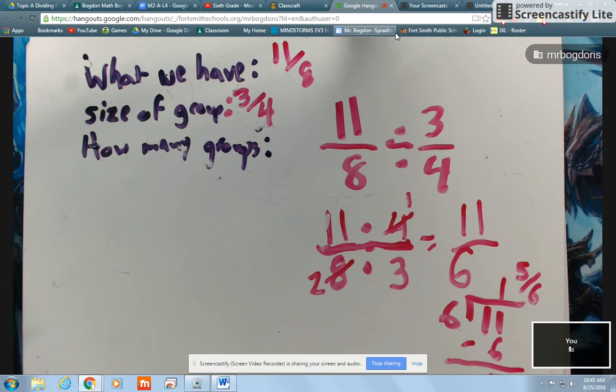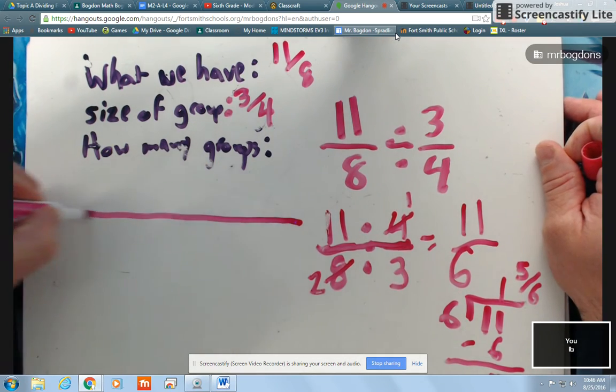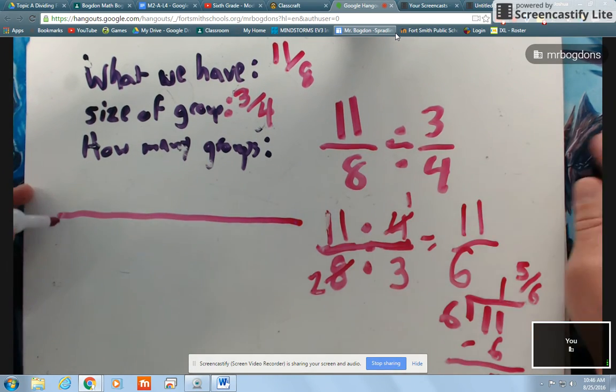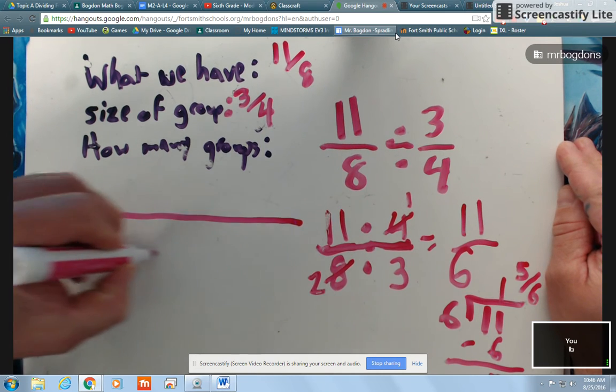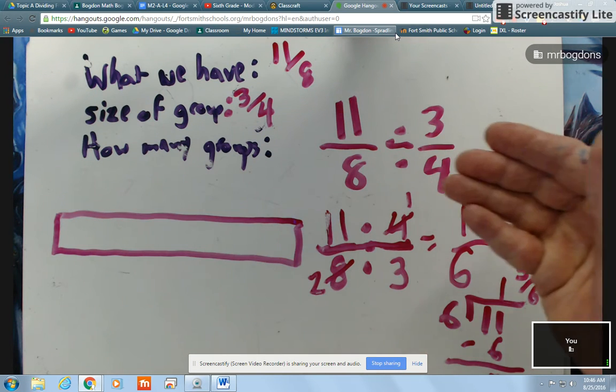Okay. So we need to draw a model to support our conclusion, right? So what did I have to begin with? I had 11/8, right? How can I represent 11/8? It's going to be something more than 1, right?